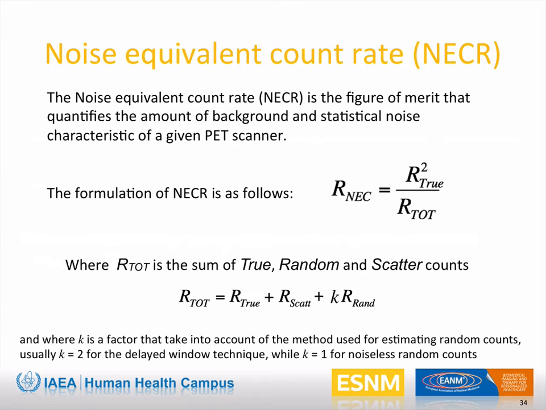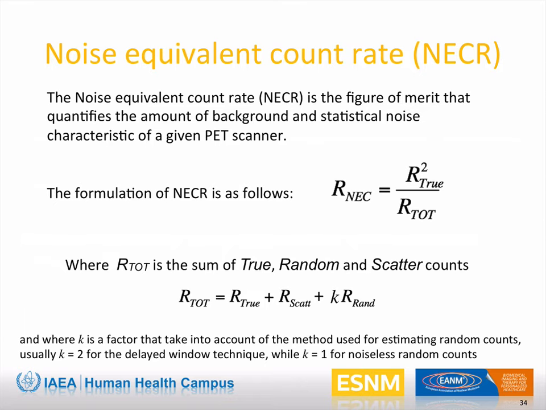The noise equivalent count rate, or NECR, is the figure of merit that quantifies the amount of background and statistical noise characteristic for a given PET scanner, thus evaluating the effect of the presence of scattered and random counts. The formulation of NECR is as follows.